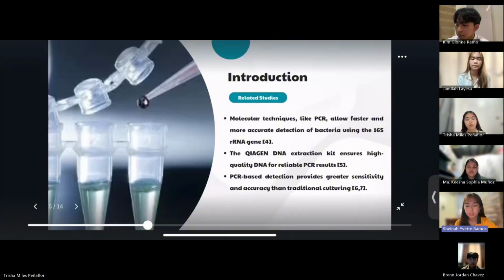Traditional bacterial detection methods, such as culture-based techniques, will be widely used to study microorganisms in water. While these methods will identify some bacterial species, they will often be time-consuming, labor-intensive, and limited to detecting only bacteria that can grow under specific laboratory conditions.